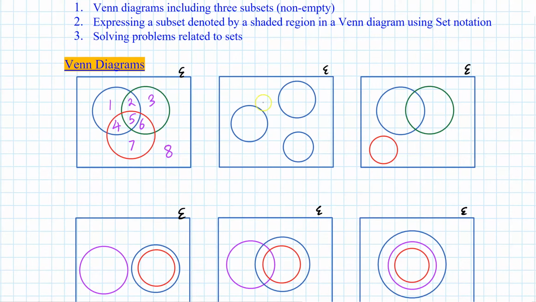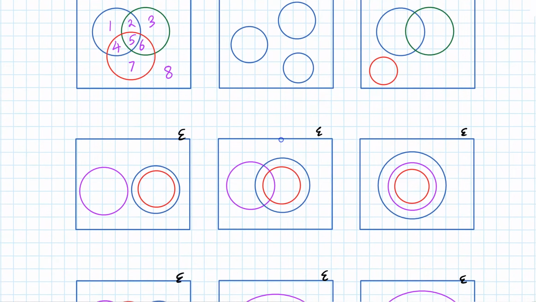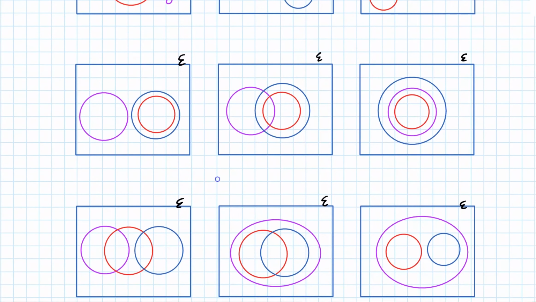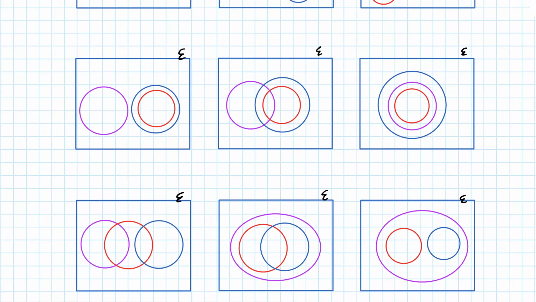The second one is where all 3 subsets are by themselves, with no intersection. And then the third one, 2 of them intersect, and one is separate from both of them. And then the other way of presenting Venn diagrams would be where one is a subset of the other and doesn't intersect with the third one.